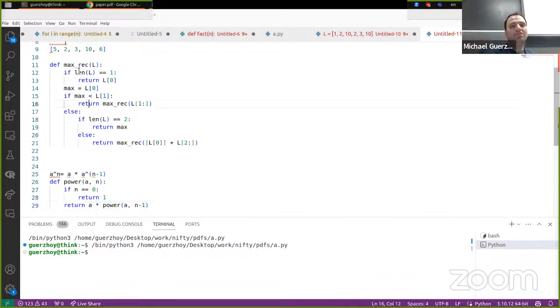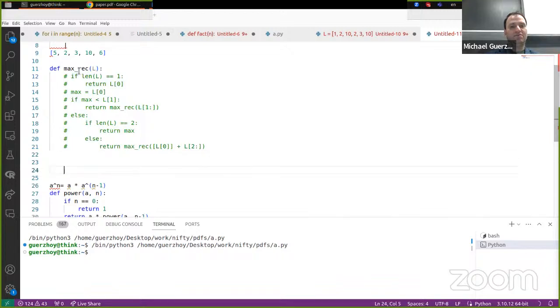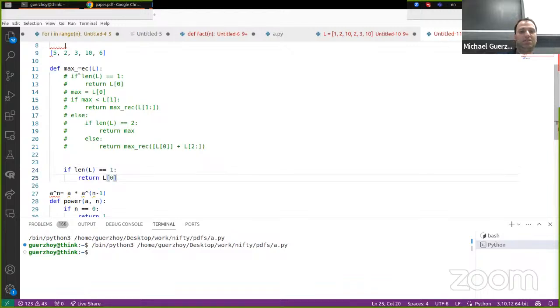In the same way, let me rewrite this a little bit, because this is a little convoluted. But the basic idea is, the base case you should keep, right? And then you're saying, if L at 0 is greater than L at 1, then we leave out L at 1 because it's definitely not the maximum.